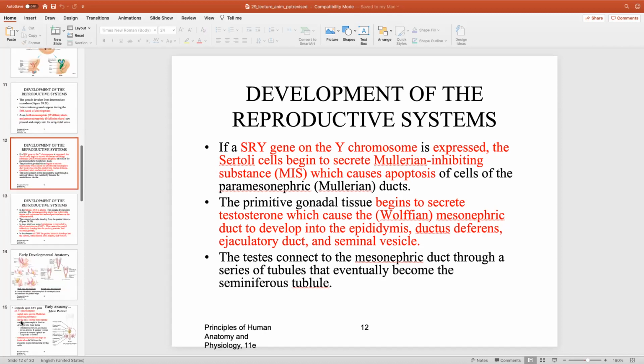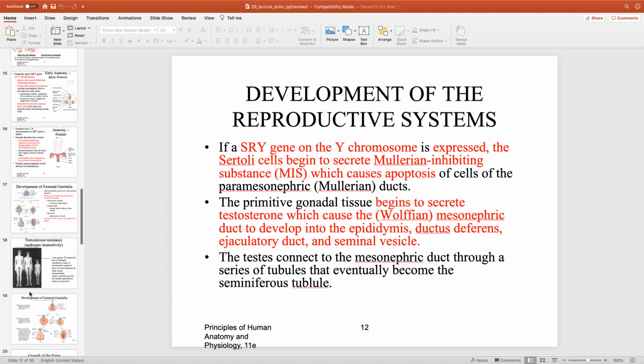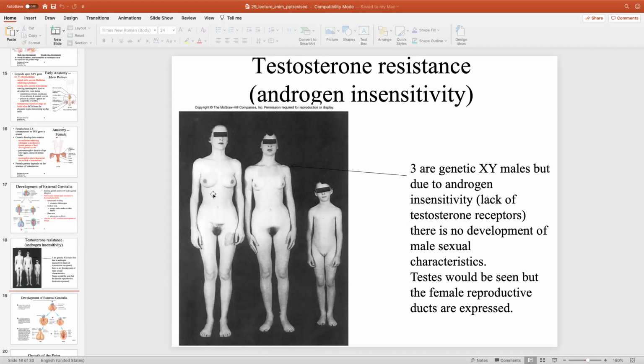This is where we can get, I don't know if you've seen the picture I have here, right? These are all XY males. Every single one of these are XY males. Crazy, right? They have androgen insensitivity, at a time when testosterone and Müllerian inhibiting substance should have been released in utero, even though they have the XY chromosomes.